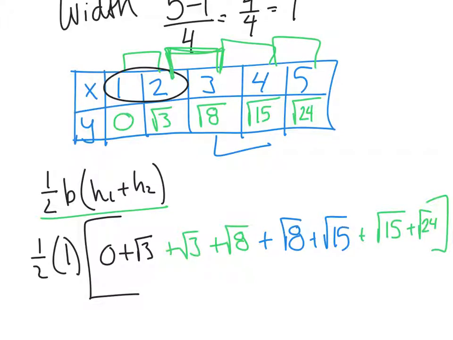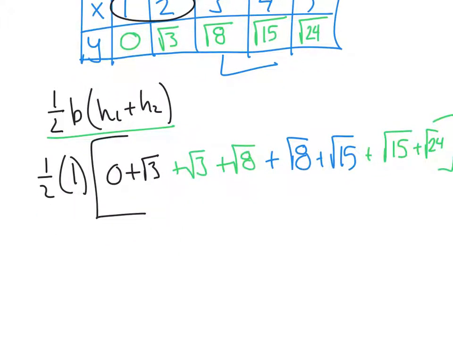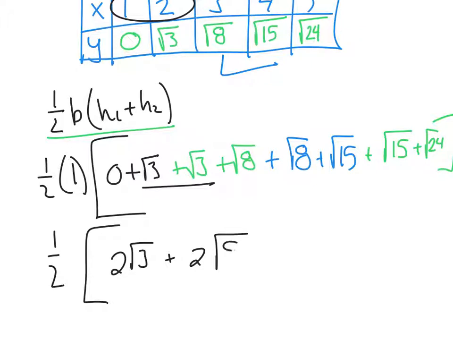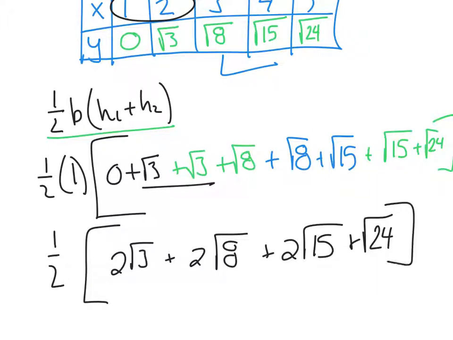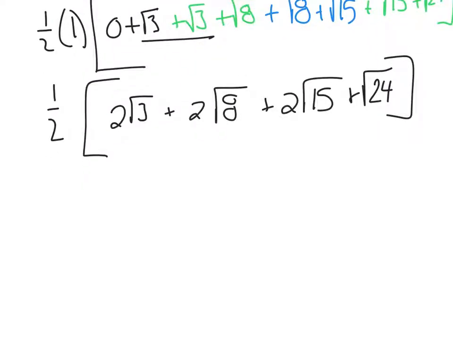And then I'm just going to add what I can. So 1/2 times 1 is 1/2 times, that's going to get me 2 radical 3 plus 2 radical 8 plus 2 radical 15 plus radical 24. If I can simplify anything, I will. So that's 2 radical 3, again 1/2 in front.